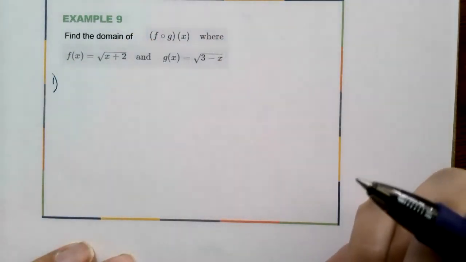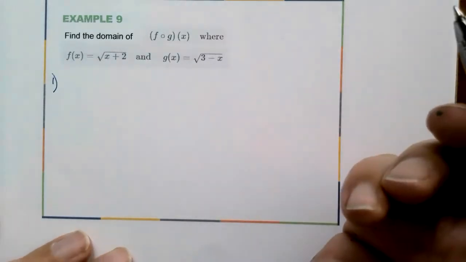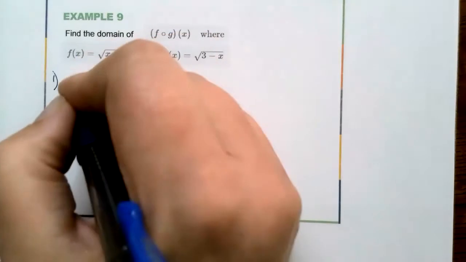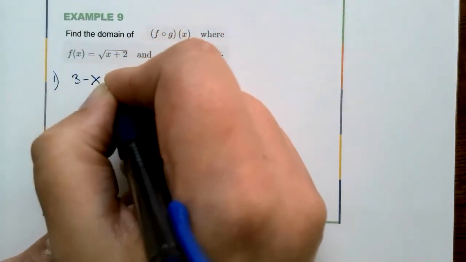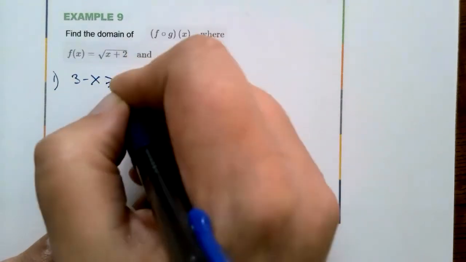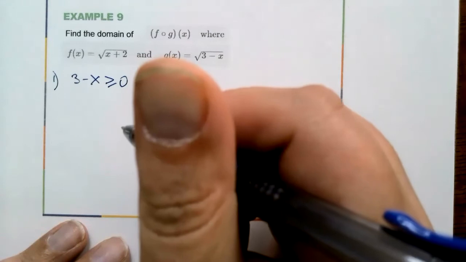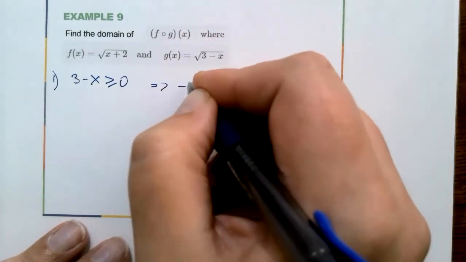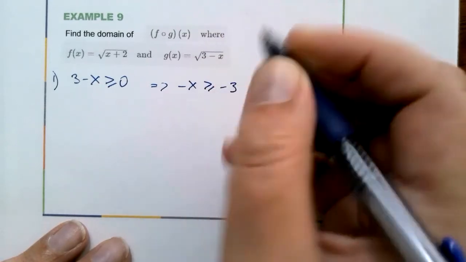So step 1, find the domain of g. The expression under the radical should be non-negative, right? So we want 3 minus x to be greater than or equal to 0. Equal to 0 is okay. So that will give us negative x is greater than or equal to negative 3.